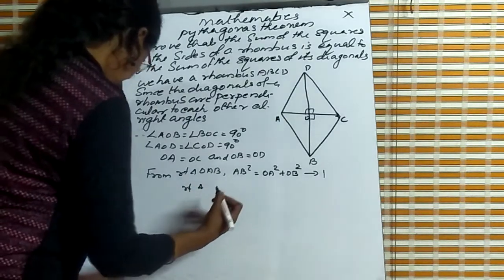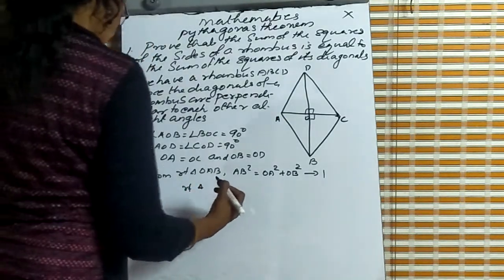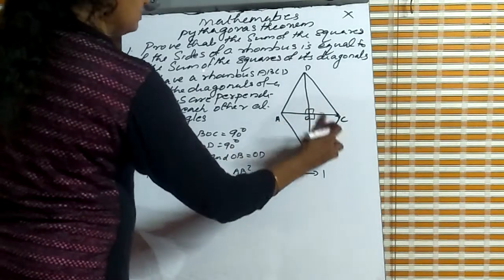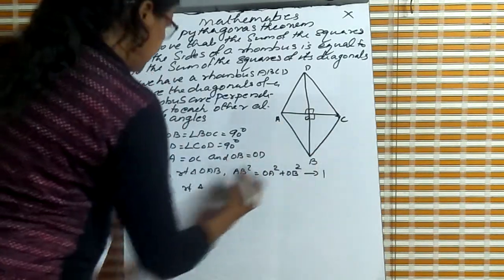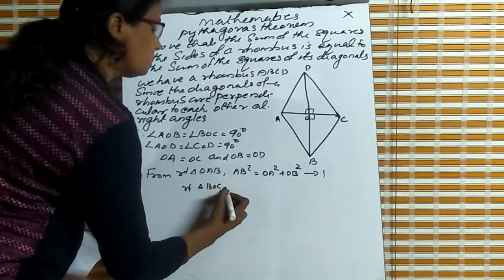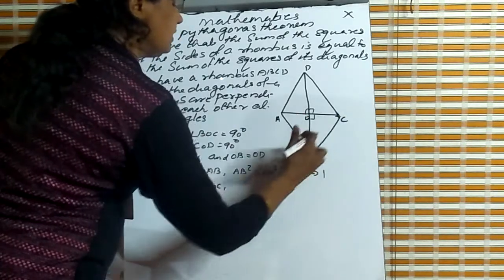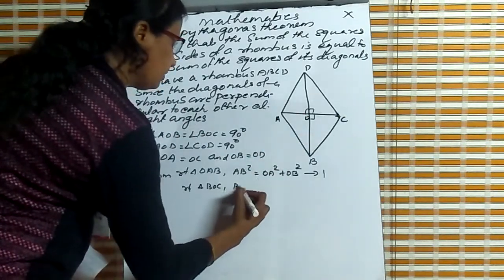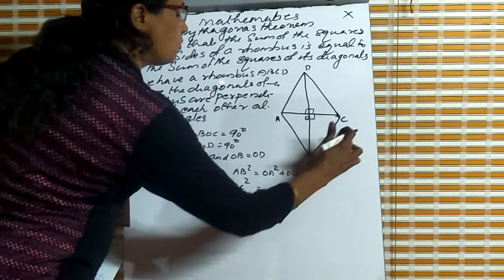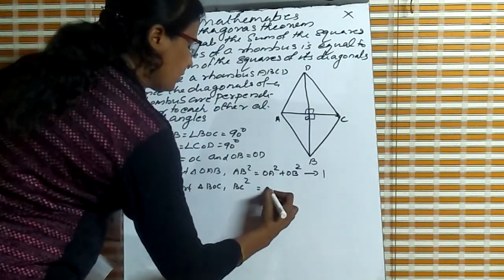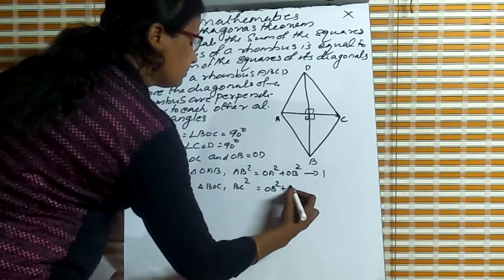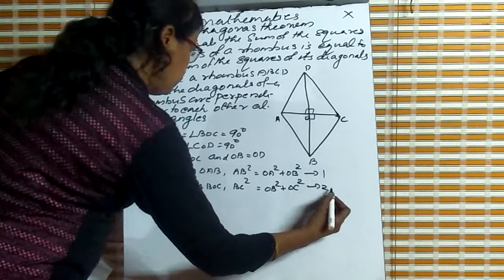Next, right triangle BOC. What is BC square? BC square is equal to OB square plus OC square. This is equation 2.